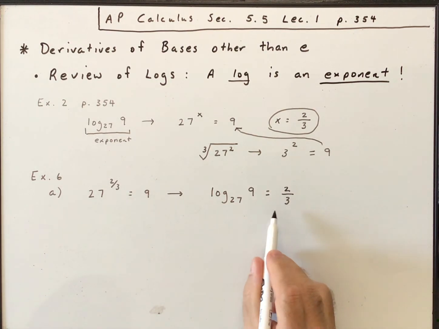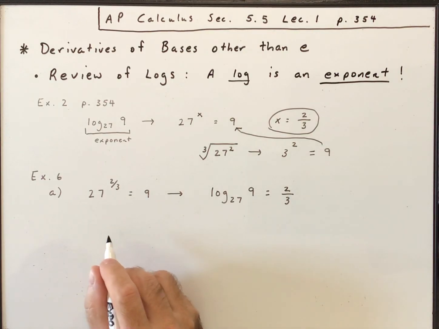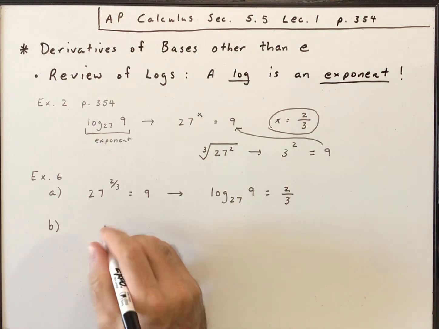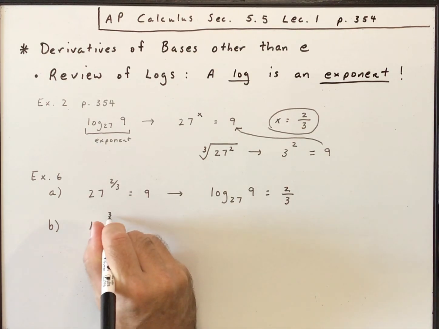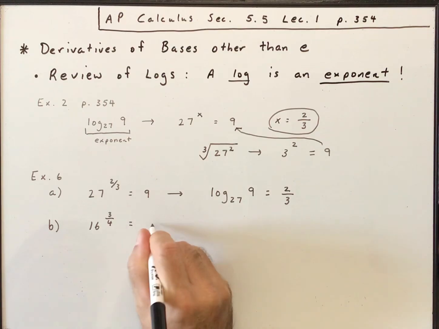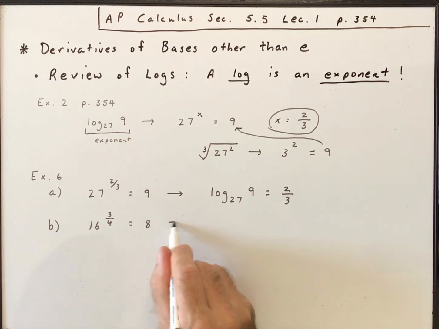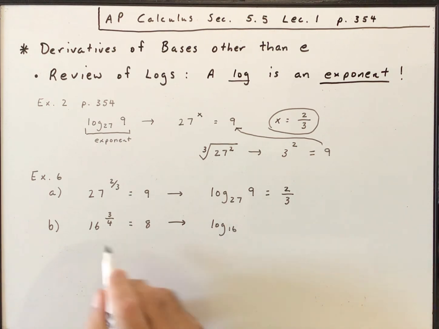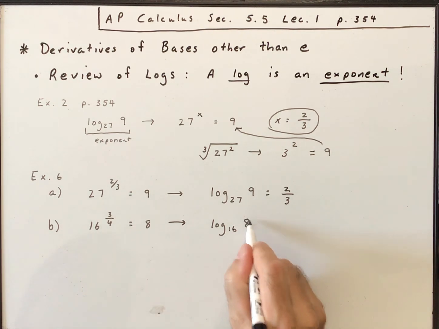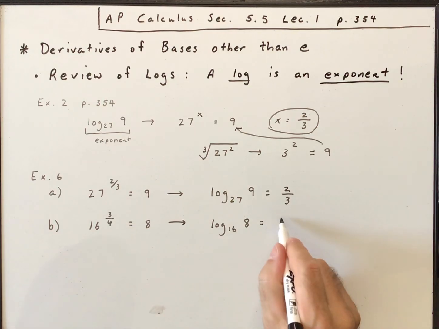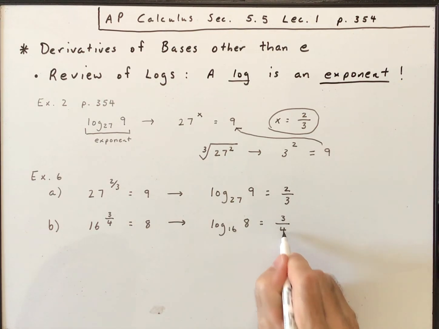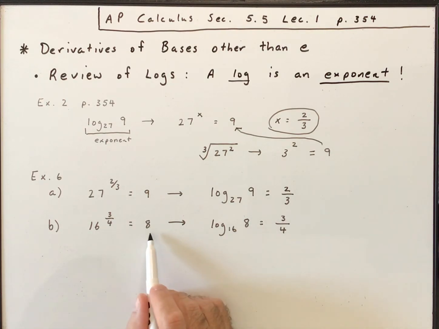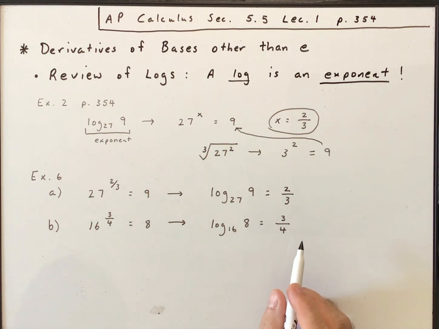Remember, a log is an exponent. All right, part B, we have 16 to the 3/4 is equal to 8. So that's like taking log base 16 of 8 is equal to the exponent 3/4.